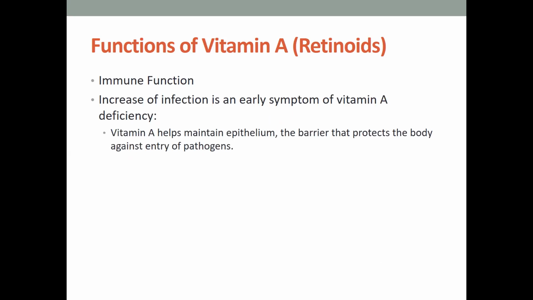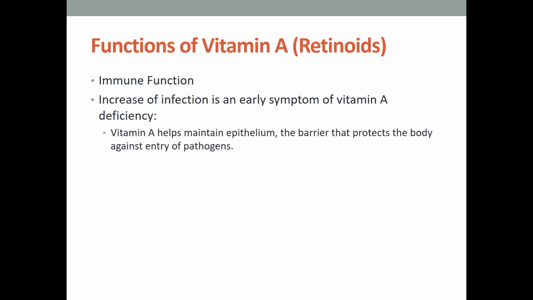Here's another important function of vitamin A that we're probably all thinking about right now: our immune function. If you get infections more easily, that's actually an early symptom of vitamin A deficiency. So I kind of think of it as what's the first thing to go if your vitamin A status isn't great? You're not going to go blind right away, but you might have a compromised immune system.